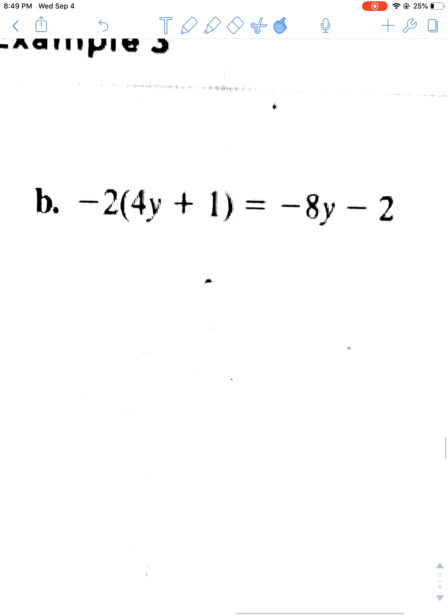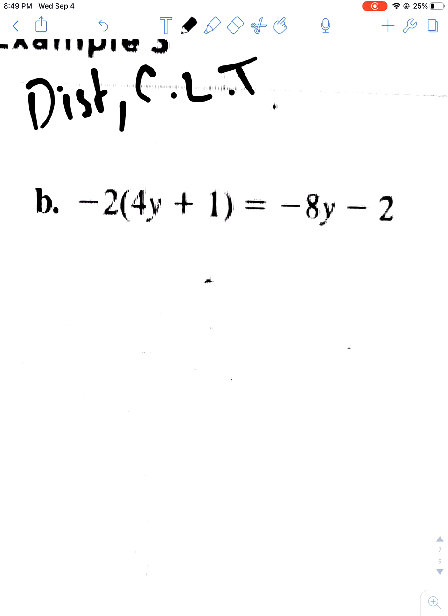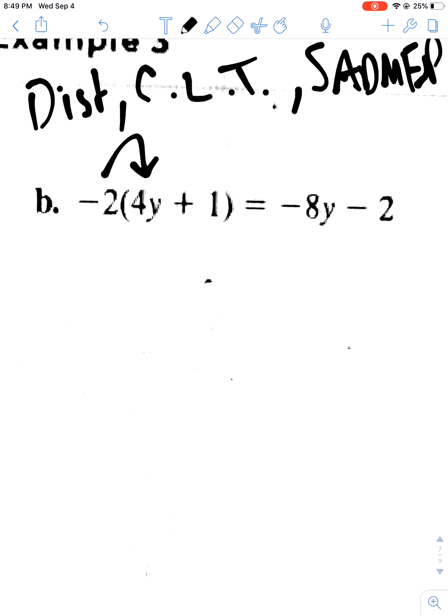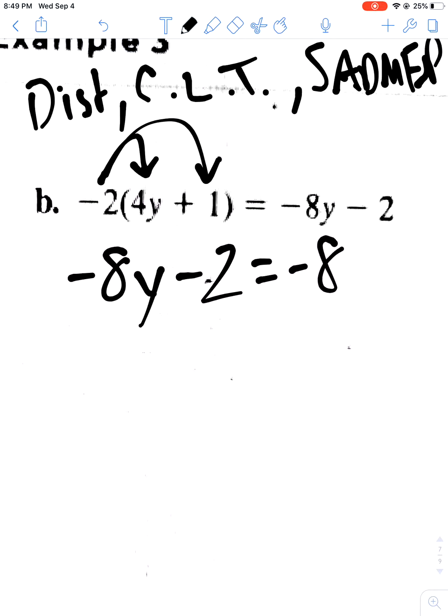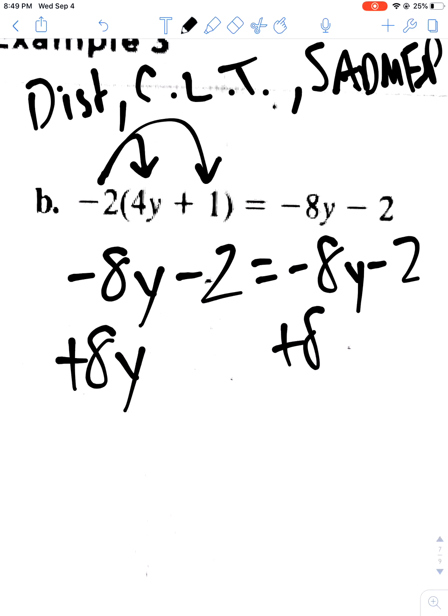Now, we could also get something else happening. Remember, distributing, combining like terms, SADMAP. Negative 2 times 4 is negative 8y. Negative 2 times 1 is negative 2. So, I want to combine my like terms.